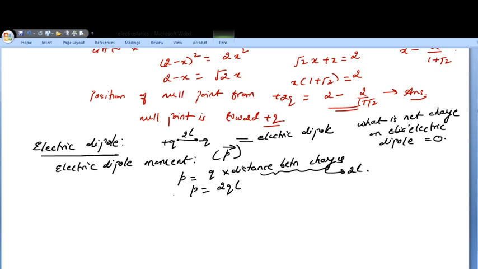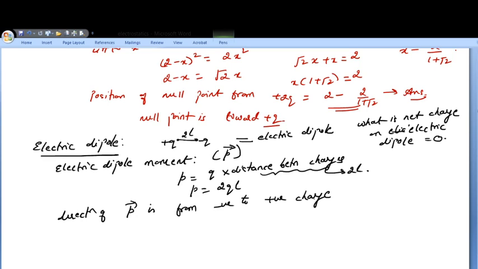Now electric dipole moment is a vector quantity, and therefore the direction of electric dipole moment is from negative to positive charge. This is by convention what we have taken.